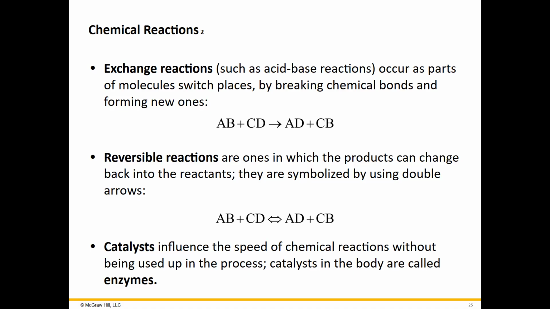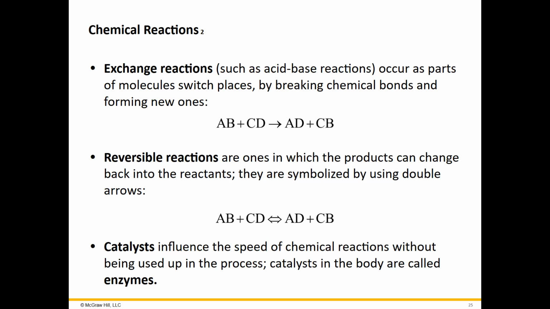Now, a reversible reaction is any reaction that can go both ways. It is a reaction in which the reactants and the products are the same and can change depending on the direction, right? So ones in which the products can change back into reactants. So if I have AB and CD becoming AD and CB, the reactants AB and CD become the products AD and CB.